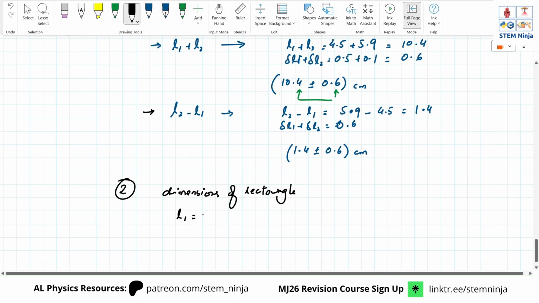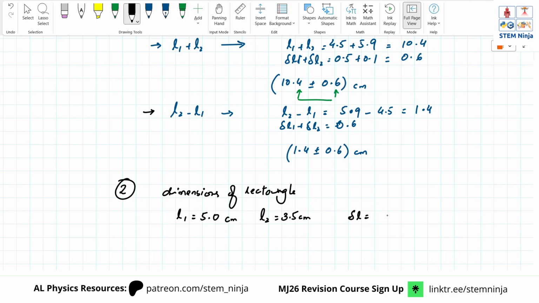L1 has, let's say, 5.0 centimeter, and L2 has 3.5 centimeter. Both of them have the same absolute uncertainty.